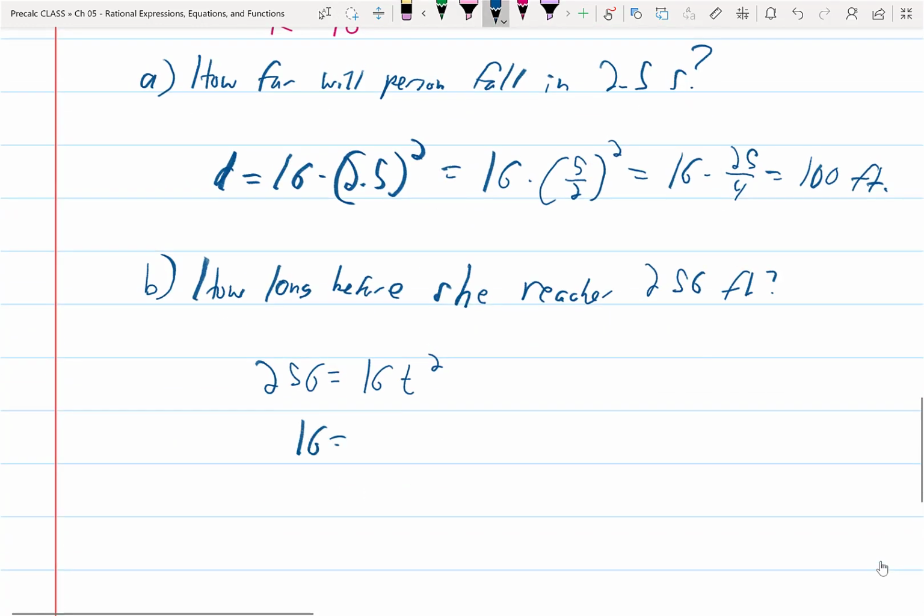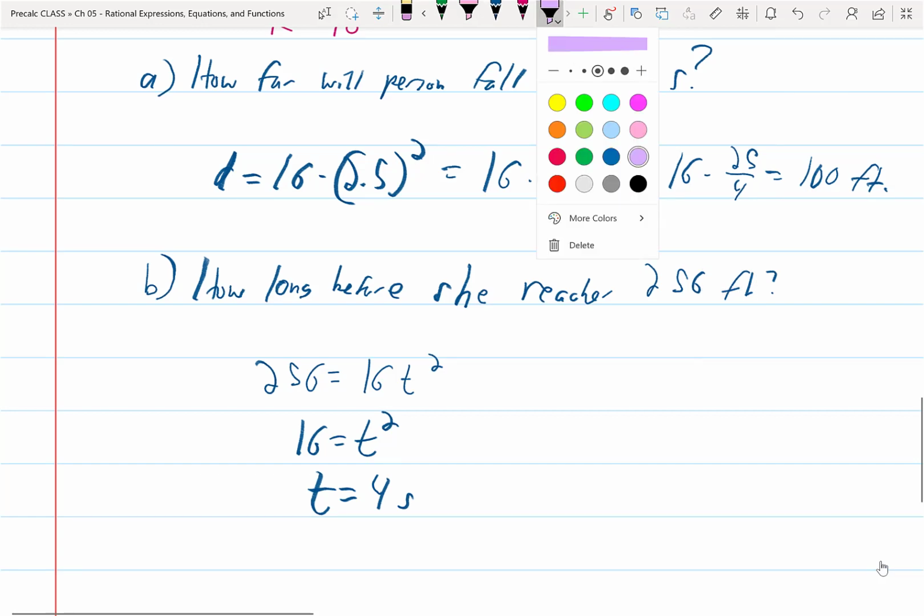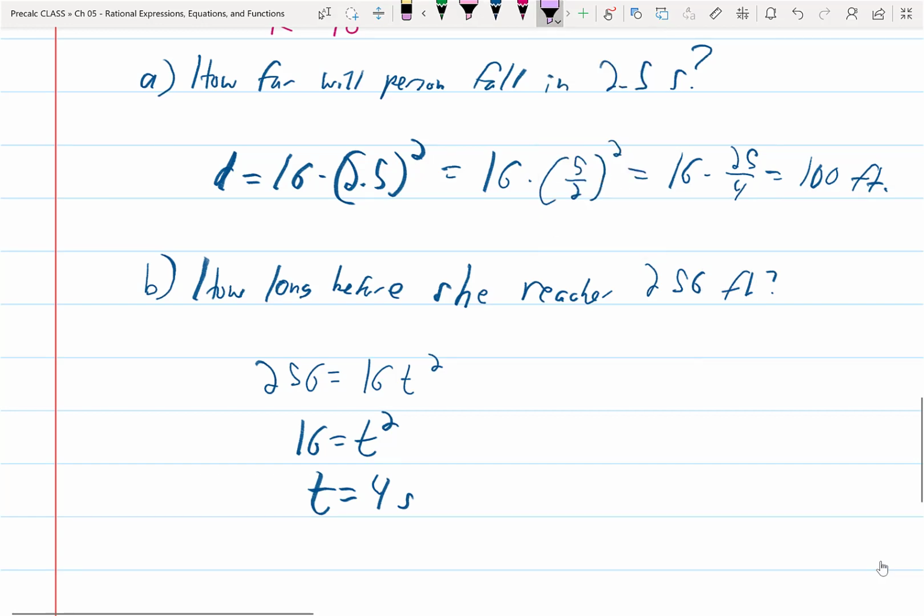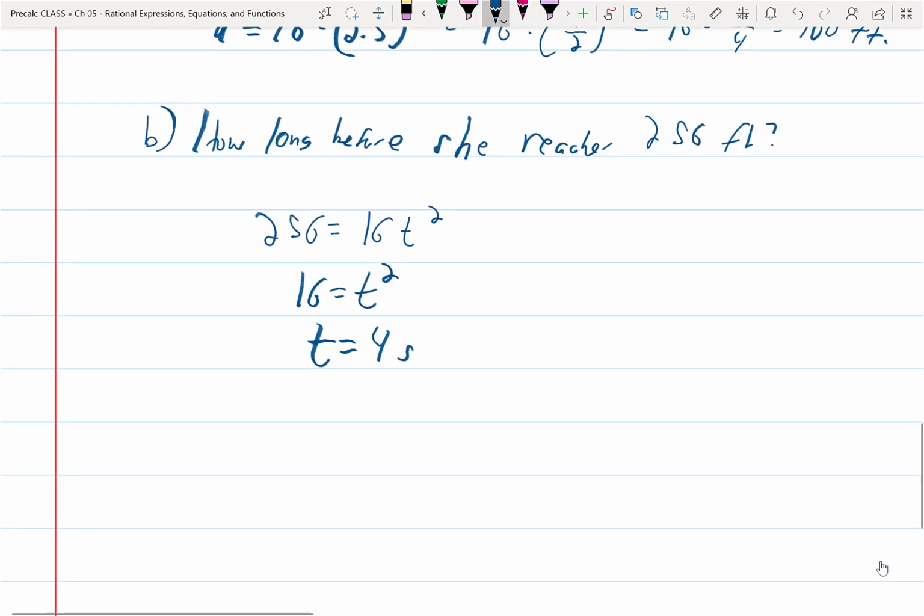And I would get 16 is equal to t squared, or t is equal to positive 4 seconds, because negative 4 seconds just would not make sense. Okay, so that's direct variation.